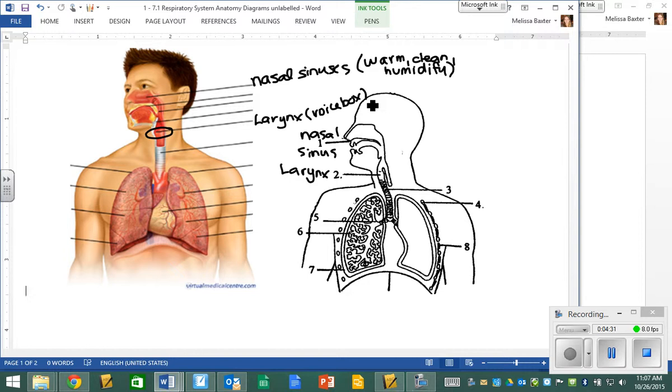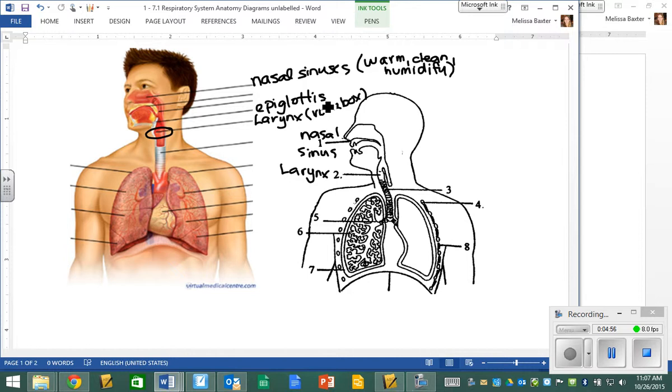Now, in between your larynx and your nasal sinuses are a bunch of other pieces. Right above your larynx, we would have your epiglottis. It's a little piece of tissue. It's like the trap door to your respiratory system.